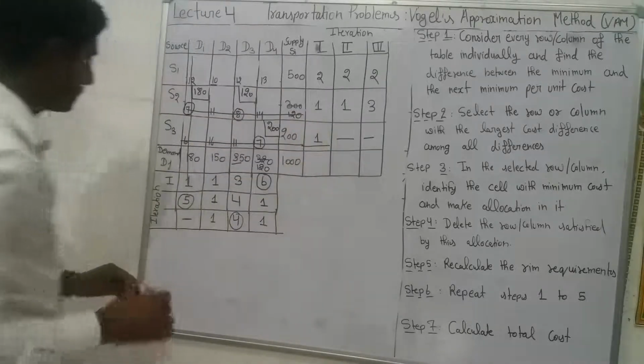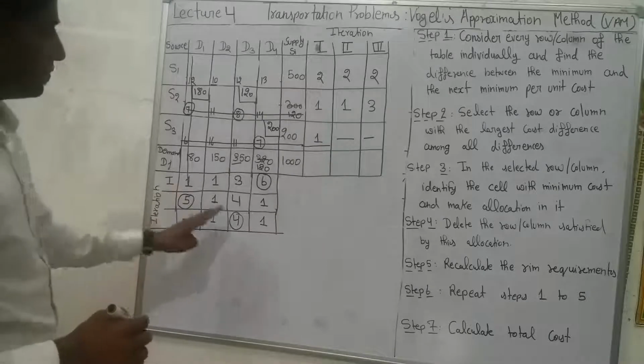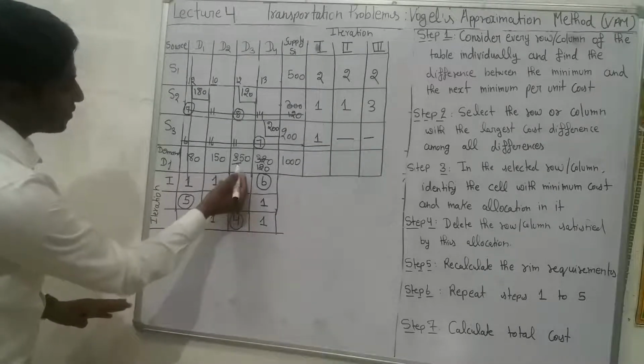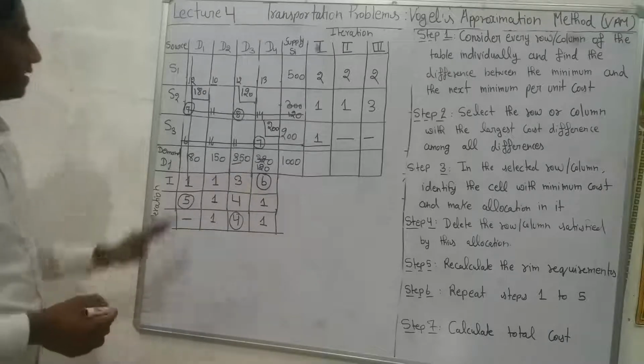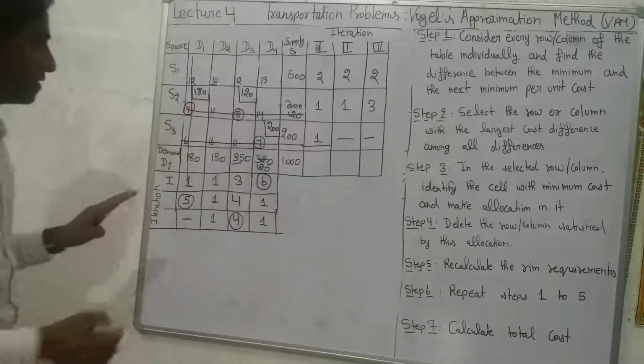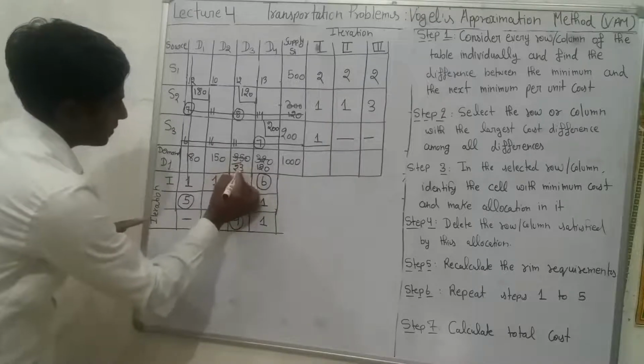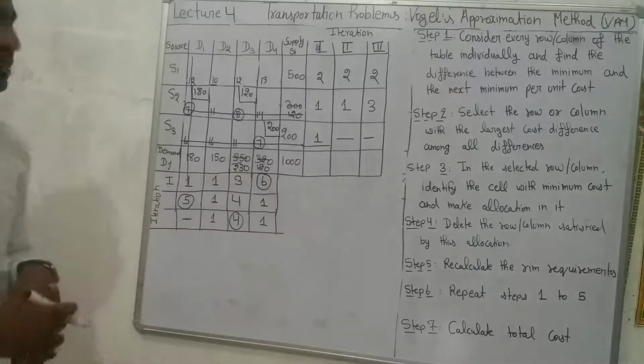Now adjust the rim requirements. For D3, the total demand was 350 units, out of which we have allocated 120 units. So the remaining demand would be 230 units.